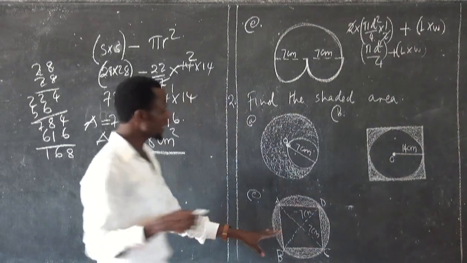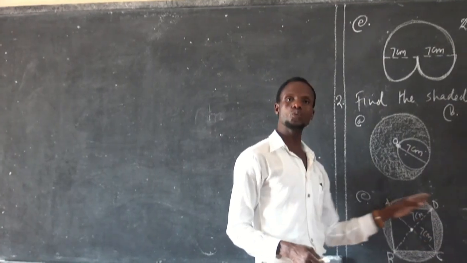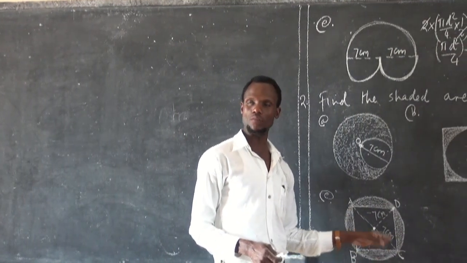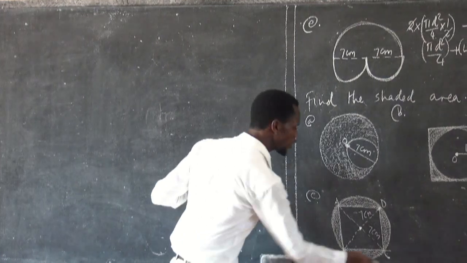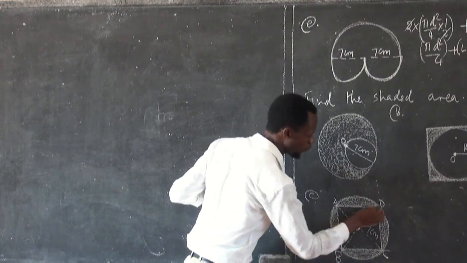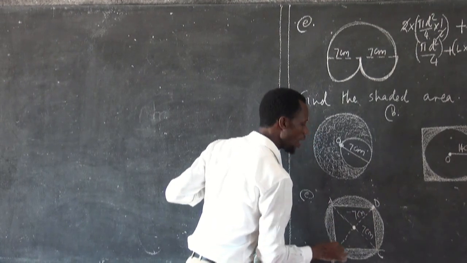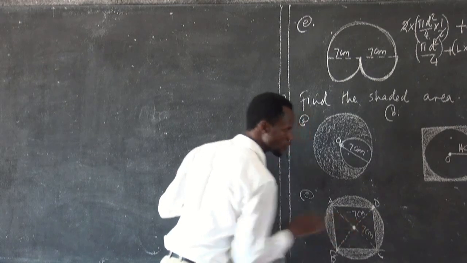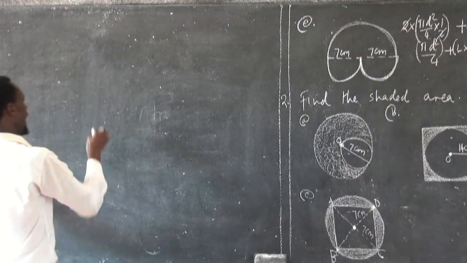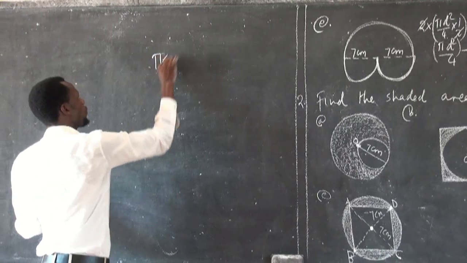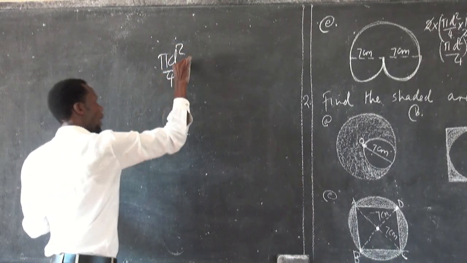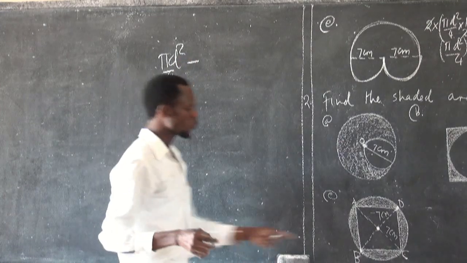The last question here: we need to find the area of the shaded part. So we should have the area of the circle, which from here up to here is 7, and from here up to here is 7. The diameter of the circle is 14. Now the area of the circle is pi d squared over 4 minus the square.